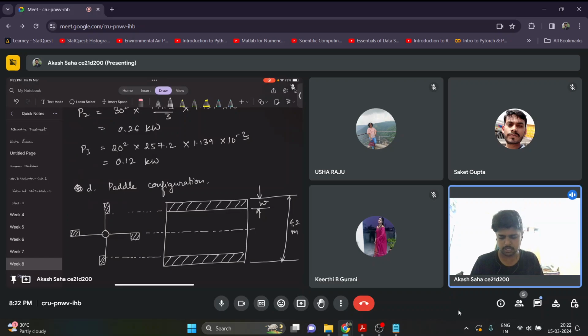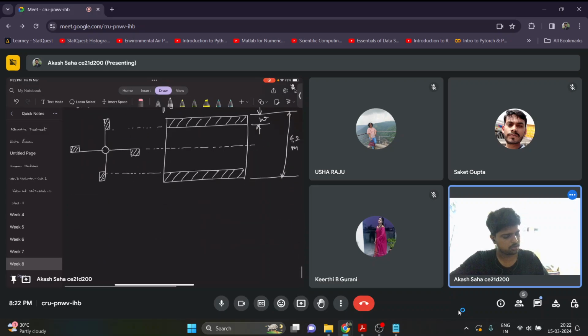So we'll see how to solve this. In the question, it is given that each paddle wheel has 4 boards. So this one, two, three, 4. Each paddle wheel has 4 boards which are 2.5 meter long and W meter wide.